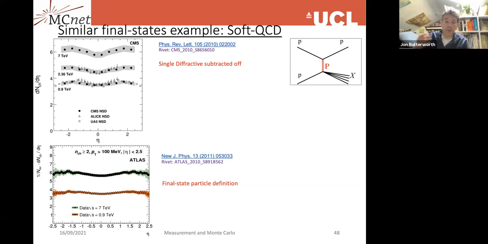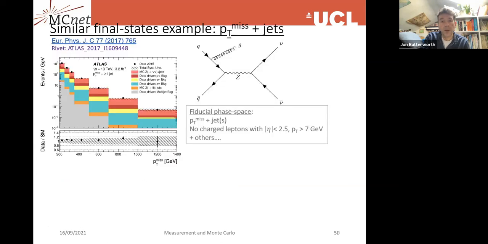You need to implement a final state particle selection that will be model independent, but will maybe emphasize the aspects of the physics that you really want to measure. It's not sufficient to say, I measure diffractive events. You have to define what you mean by diffraction in terms of final state particles, for example. And that's what was done, as I mentioned earlier, when we looked at minimum bias and non-single diffractive.